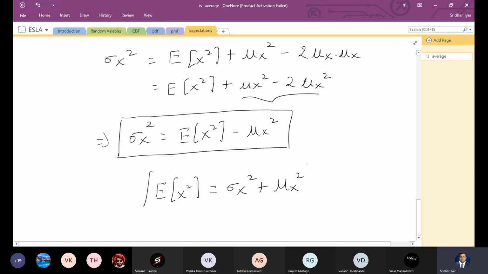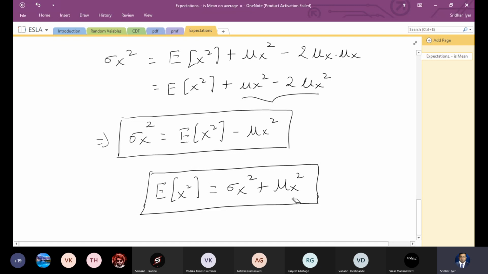So you can see what I had told you while defining the second moment. It is the deviation about the mean, right? The term on the left hand side is the second order moment. On the right hand side, you have mu x square plus a value, and that value is sigma x square. So how much you are deviating about the mean value, that is your second order moment, right?